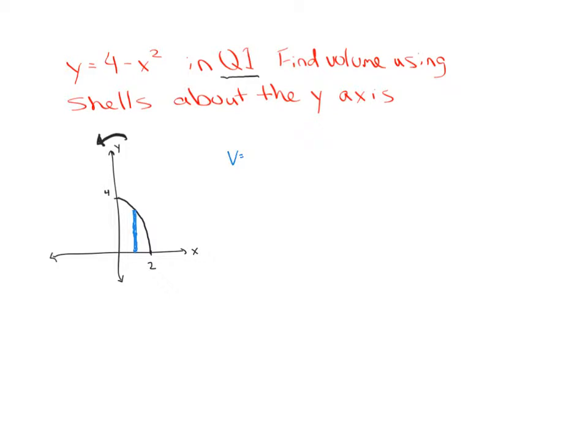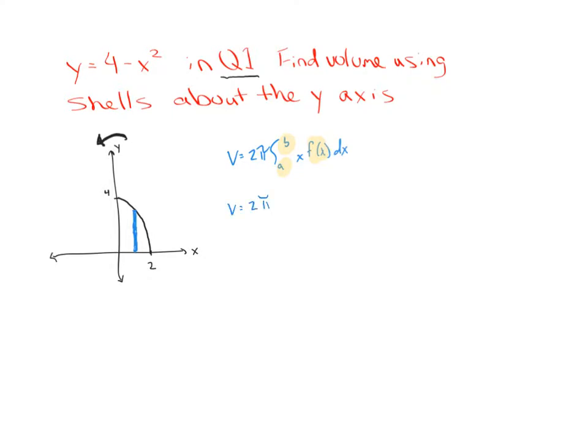V equals 2 pi integral a to b x f of x dx. And all we have to do is find out our bounds. I need to know what the bounds are and what the function is. By the way, the x in that formula stays just a letter x. There's nothing to substitute in there. It's just an x.